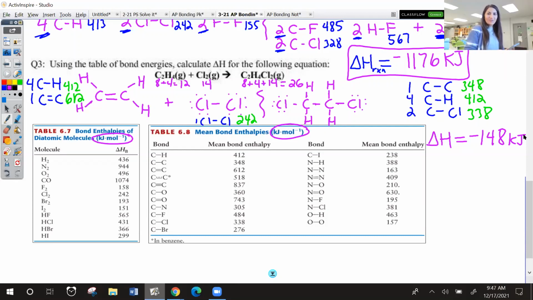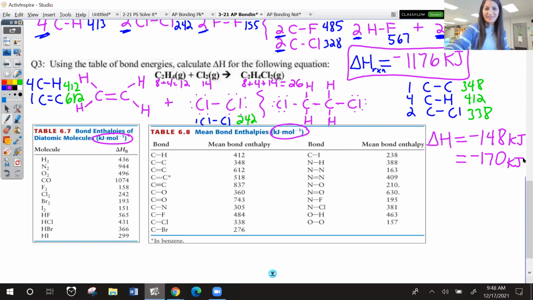Okay. I wonder if there's one of the numbers that I did incorrectly too, because I just got the negative 170. The numbers on the bond are a little bit different, right? Yeah, like 614 instead of 612 and stuff. Okay, awesome. So you may have gotten negative 170 if you're using these numbers. That's exactly right. If you're using the numbers that are on your chart, then you're going to get negative 148.